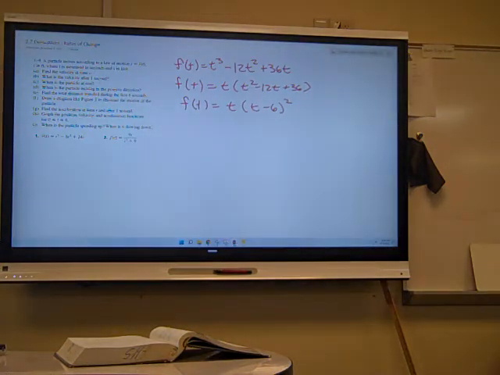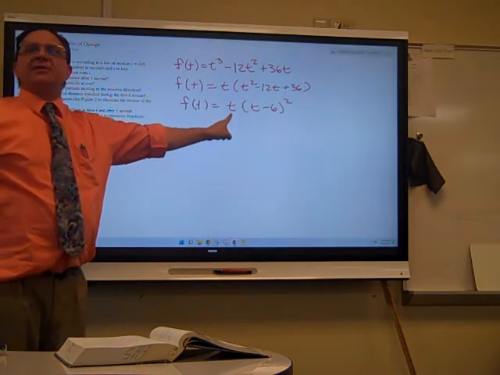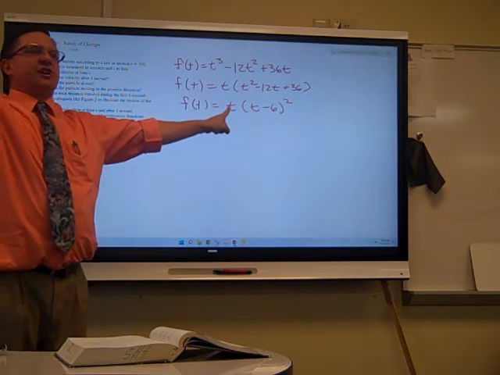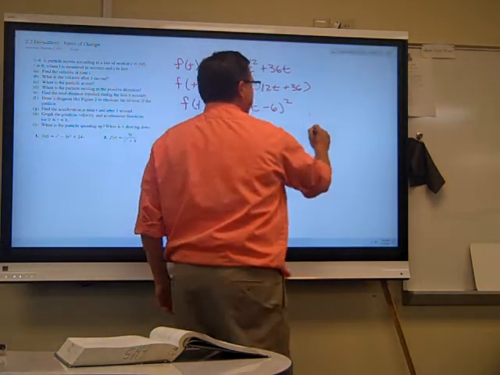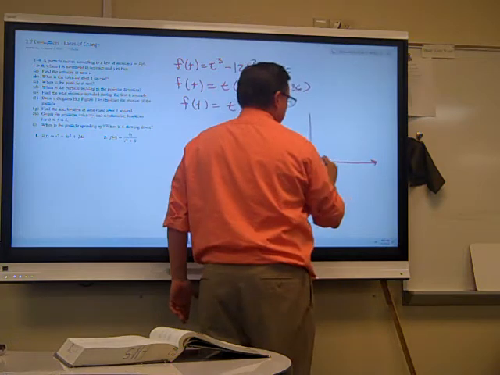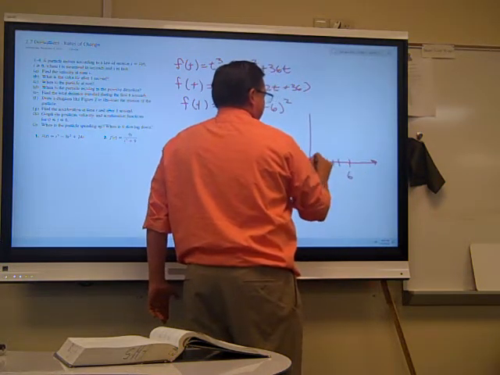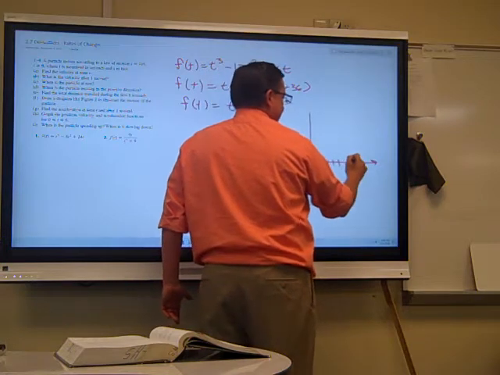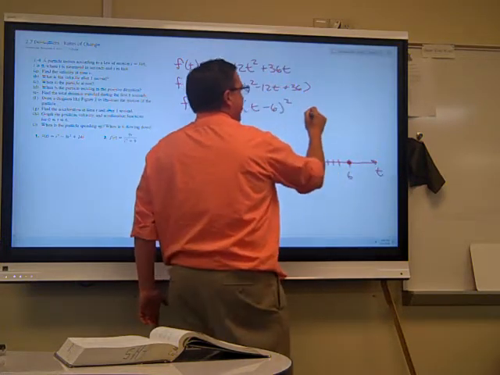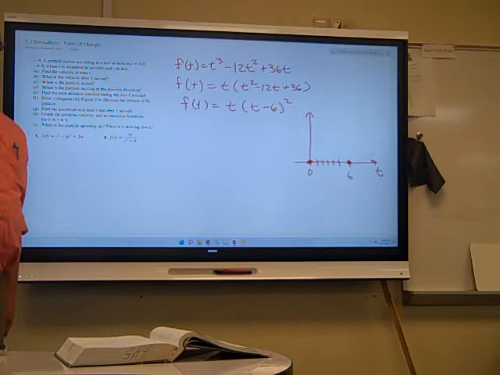I just factored it. And everybody, I can quickly see my 2 zeros, 0 and 6. So from the standpoint of making a graph, I know 2 points immediately on the time axis. I know I've got zeros here.